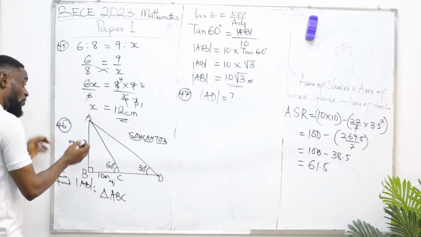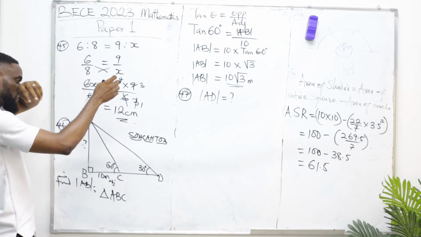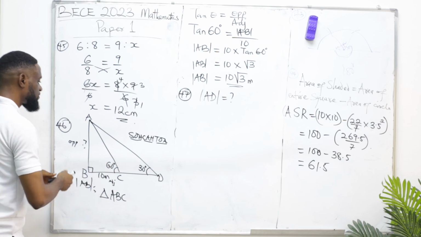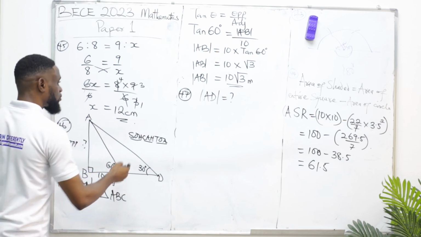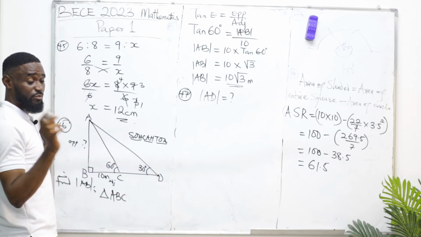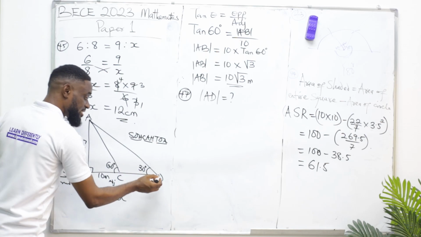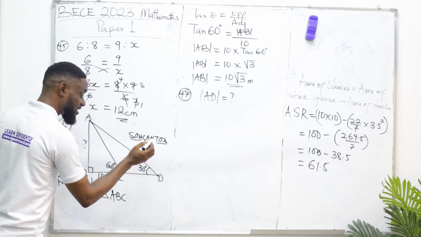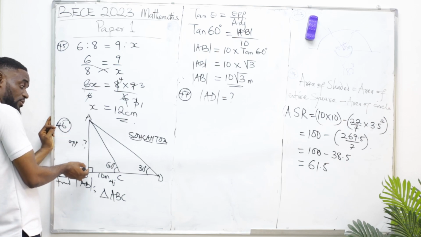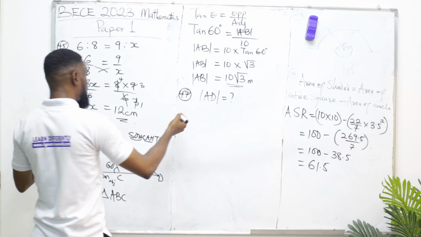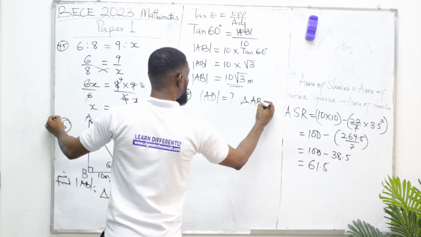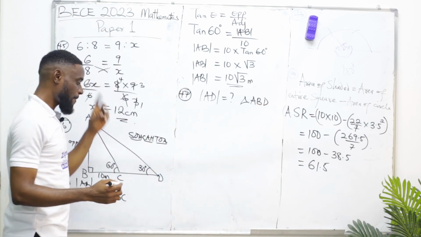Remember, we have now known that opposite is 10 root 3. To find AD, we can use this entire triangle. So let's consider triangle ABC. Because we are looking for AD, we now have a value for this opposite. So we are looking at triangle ABD.